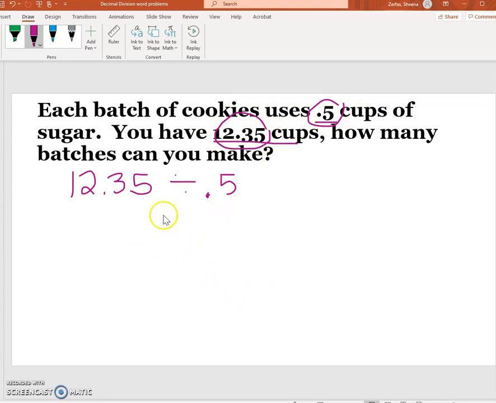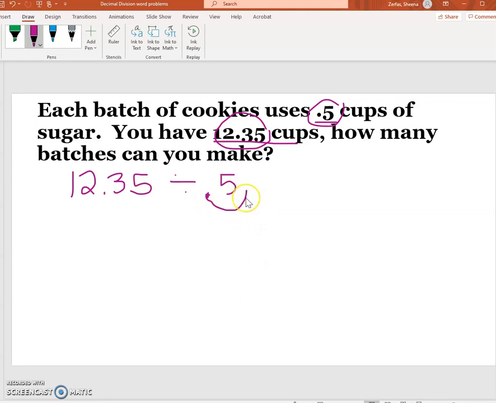When we're dividing, we can leave the first number alone if there's a decimal, but if there's a decimal in the second number, we need to remember to shift that and turn it into a whole number. So we have a decimal here in my divisor, and I move the decimal point over like this.